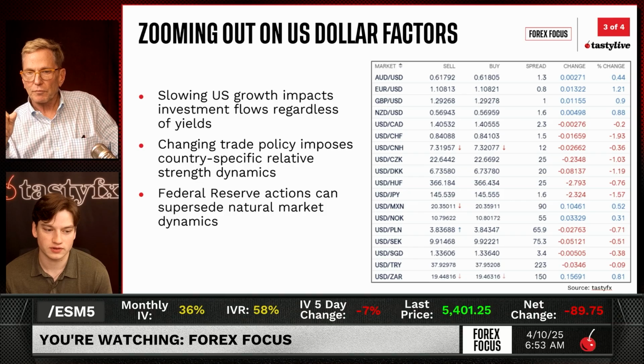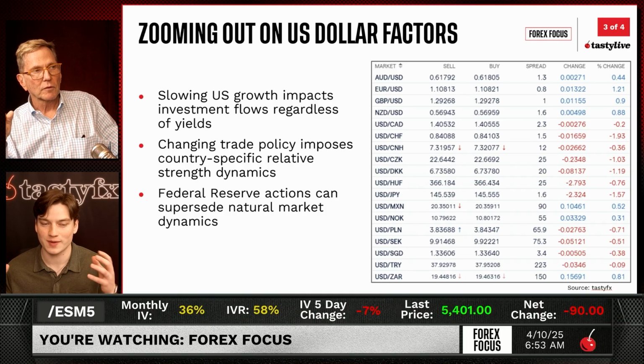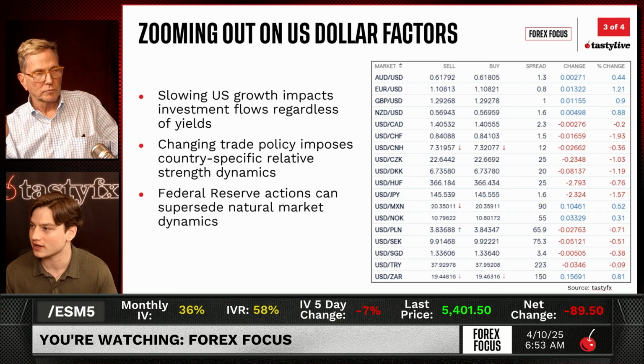And you're absolutely right, because when you try and wrap your head around what's moving the US dollar, what a complicated question. As we're looking at on the right, you have all these country-specific pairs that we can weight to get a gauge on dollar strength as a whole. But we have a lot of factors impacting this US dollar.